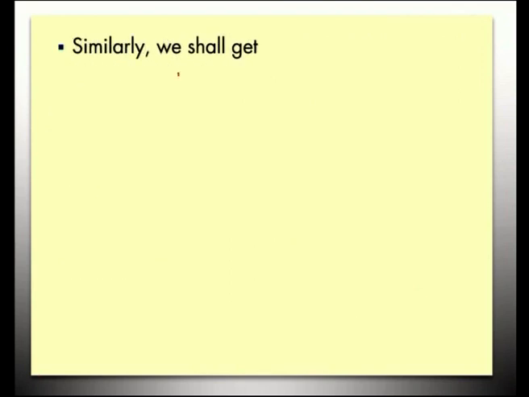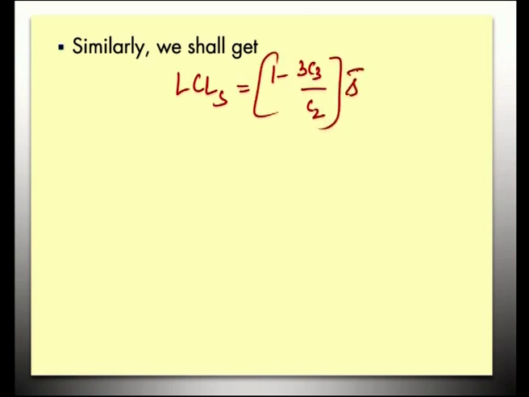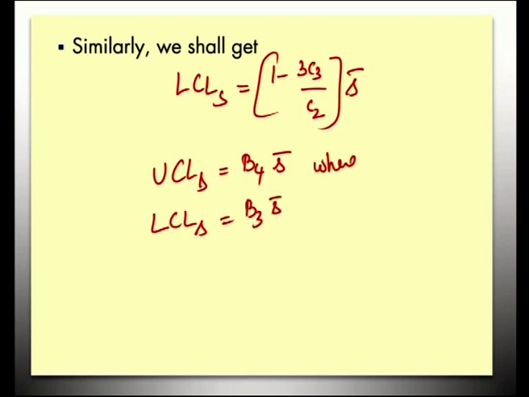Similarly, we get LCL of S if sigma is not known: LCL of S is 1 minus 3 C3 by C2 into S bar. So, in short, UCL of S is B4 into S bar and LCL of S is B3 into S bar, where B4 is 1 plus 3 C3 by C2 and B3 is 1 minus 3 C3 by C2.